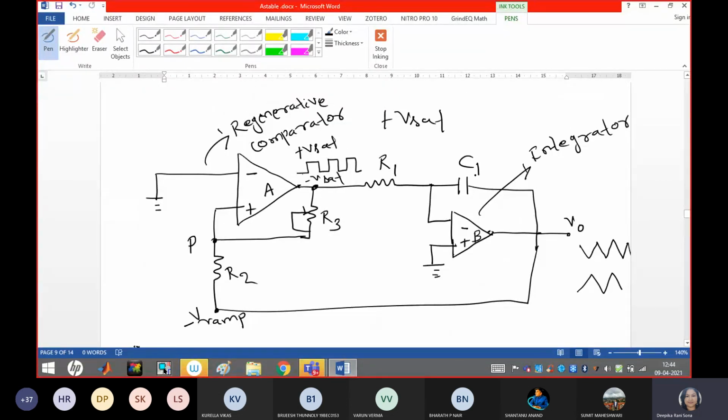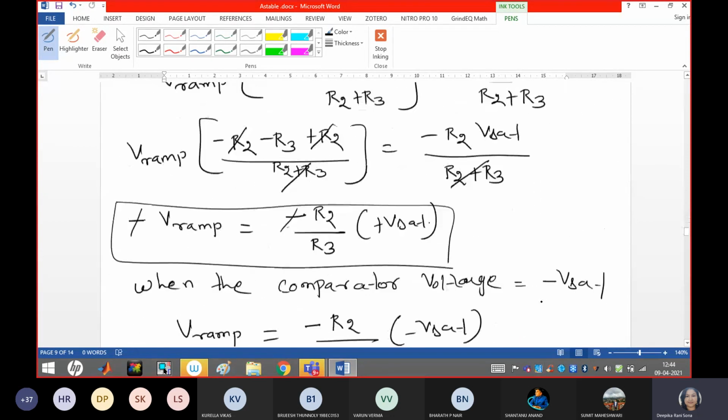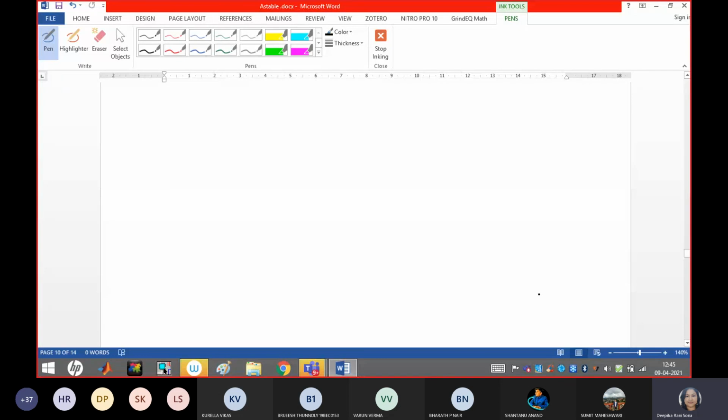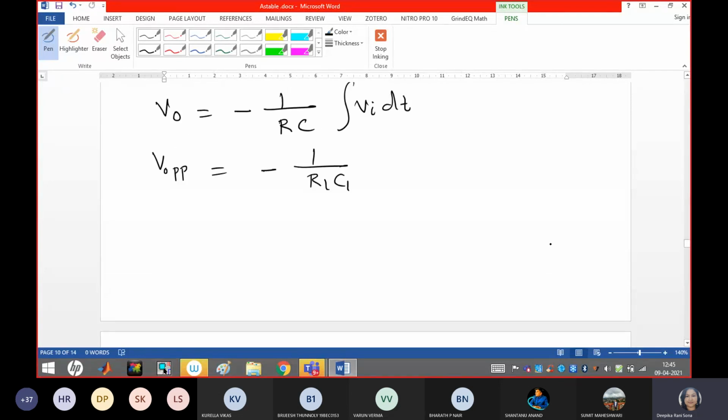To get a good equation, I kept R1 C1 combination. So if you rewrite this and apply the value of V in, which is minus V set, it is the integral from 0 to T by 2 of minus V set dt.